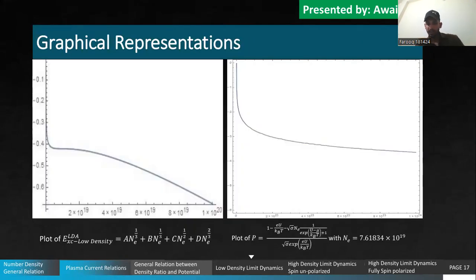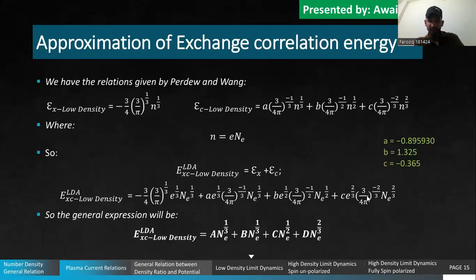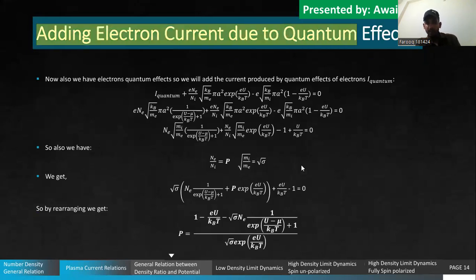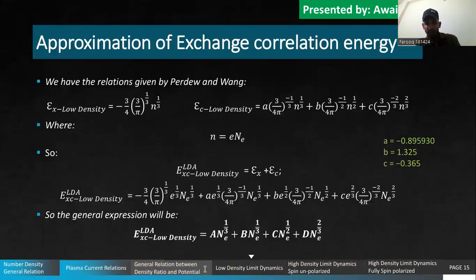Now we are going for the graphical explanation. As we know, we have formed here, adding electron current due to quantum effects, a general relation between number density ratio and potential.